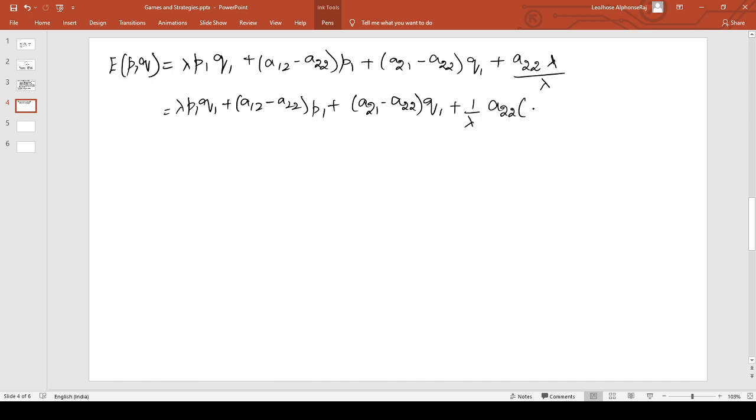So you can keep this 1 by lambda outside as such, and A22 into this lambda, which we know is A11 plus A22 minus A12 plus A21. Okay, after this, let us multiply this A22 inside, keeping the rest of the terms as such.